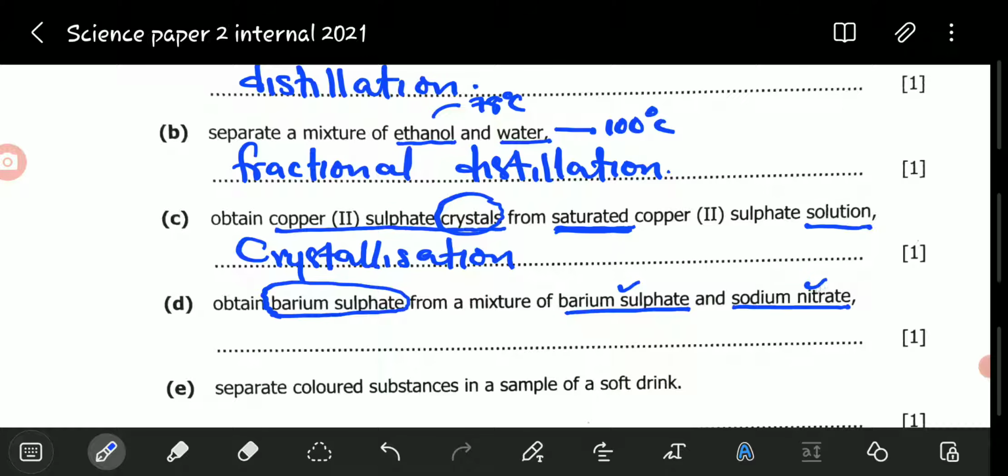So barium sulfate is insoluble. Remember, all sulfates are soluble except for barium sulfate, lead sulfate, and calcium sulfate. So what we have here is an insoluble salt.